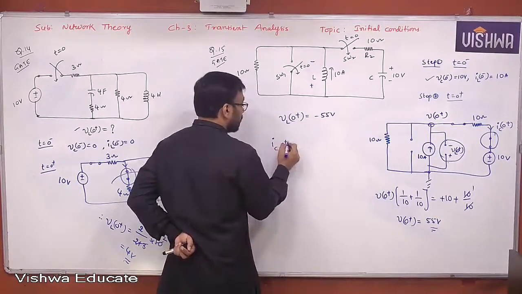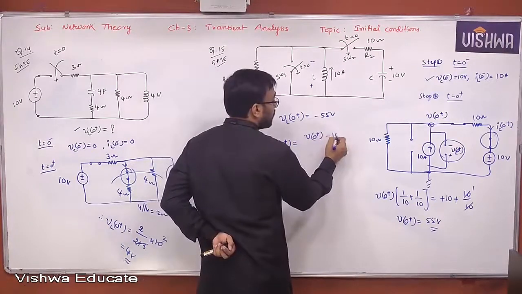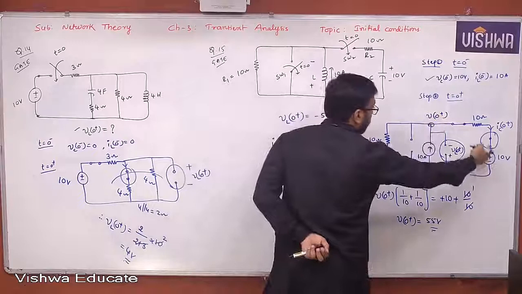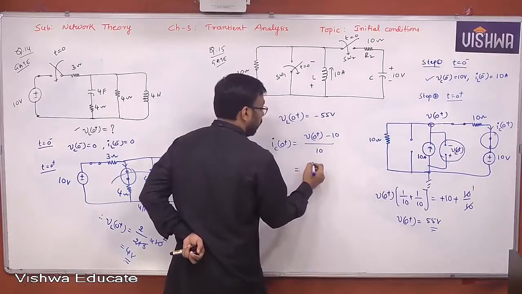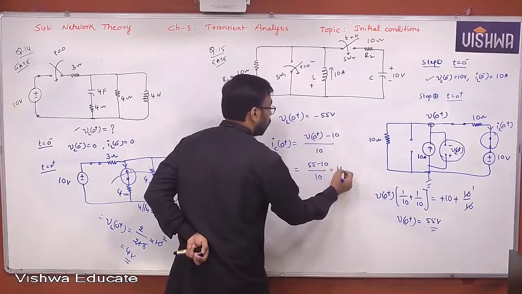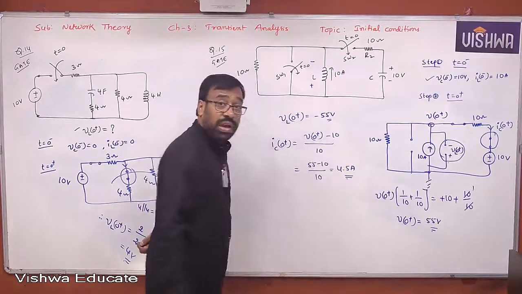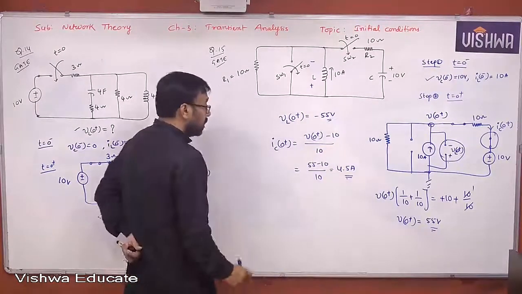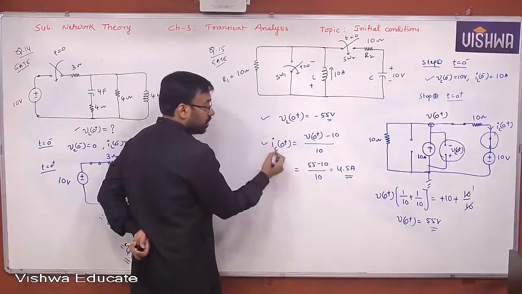IC of 0 plus is V of 0 plus minus 10 by 10. So what is that? 55 minus 10 by 10, 45 by 10, that is 4.5 amperes. Yes, all of you, okay, 4.5 amperes. Then finally you got VL of 0 plus minus 55, IC of 0 plus 4.5.